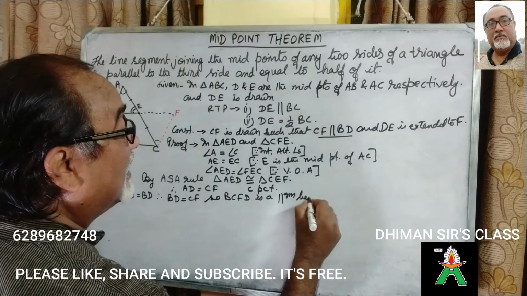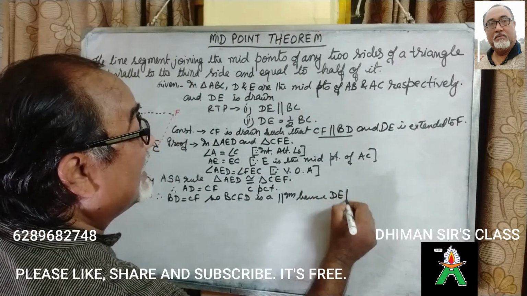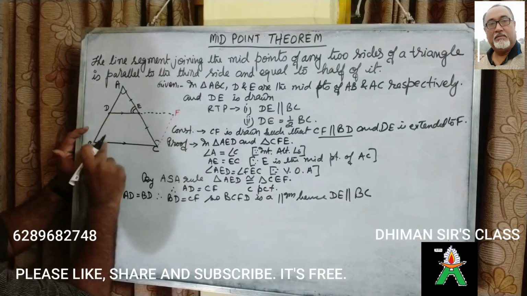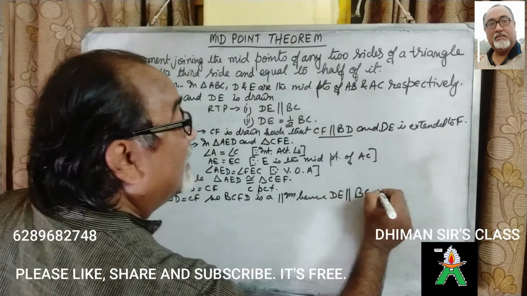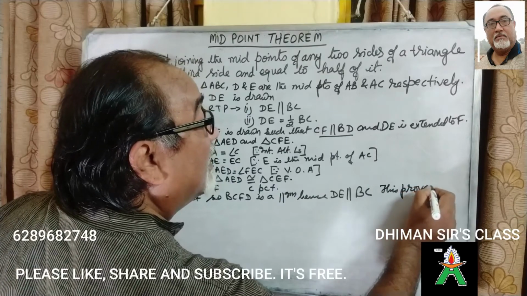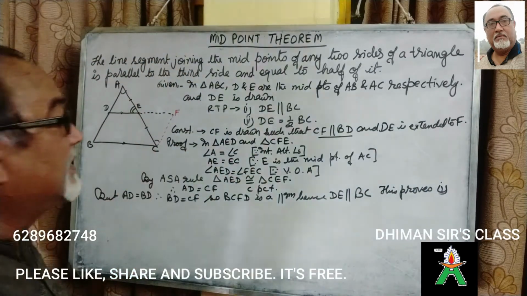Hence, DE is parallel to BC. So therefore, DE is parallel to BC. This proves number one. Now remains second part.